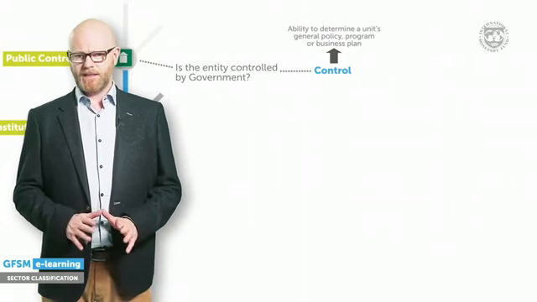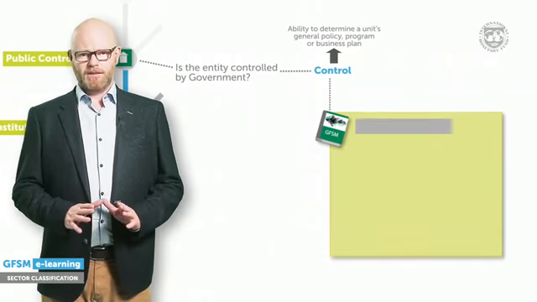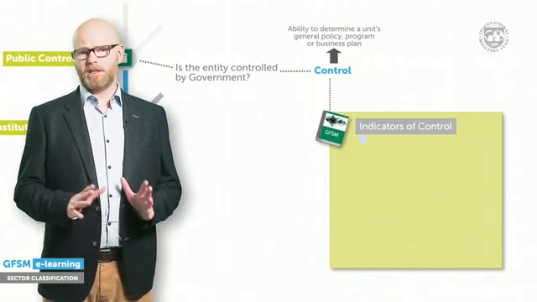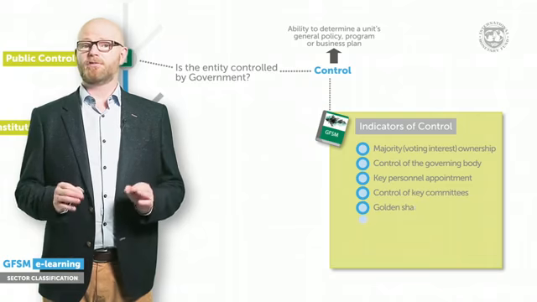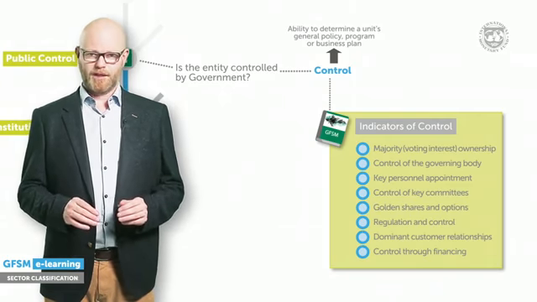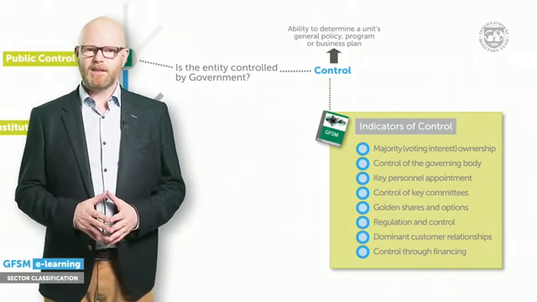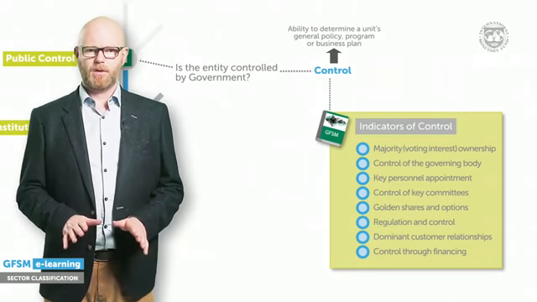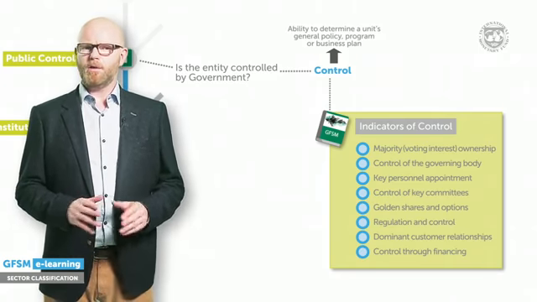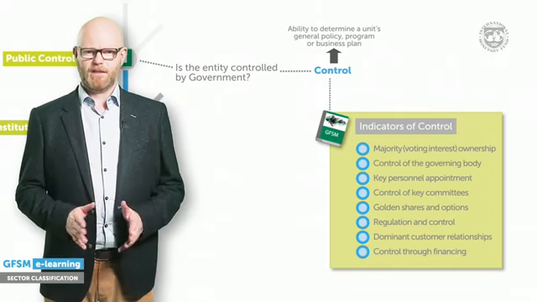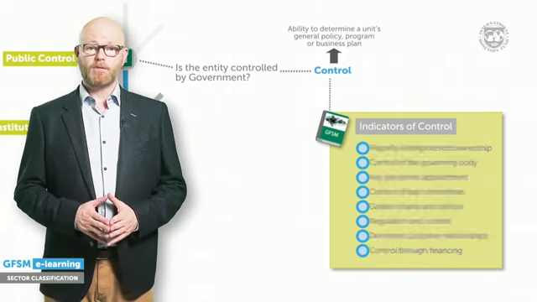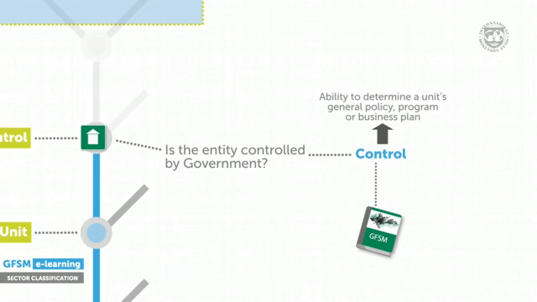GFSM provides a number of indicators of control. These include ownership, but also include the ability to appoint directors, control through regulation, or through funding. In some cases, a single indicator may be sufficient to establish control, but most often, all indicators will have to be assessed collectively. Borderline cases often require careful judgment.